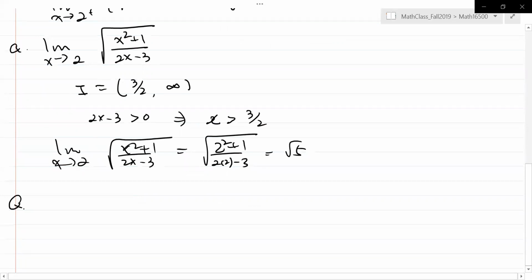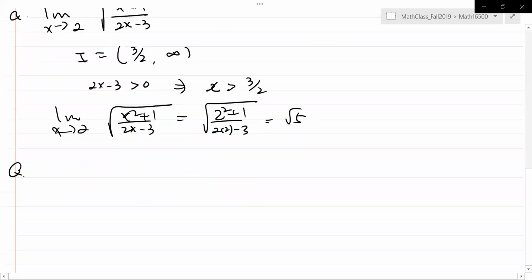So you get square root of 5. But what I was saying is that if I ask you to find the limit as x approaches 3/2 from the right-hand side, you cannot find the limit by evaluating the function at 3/2.